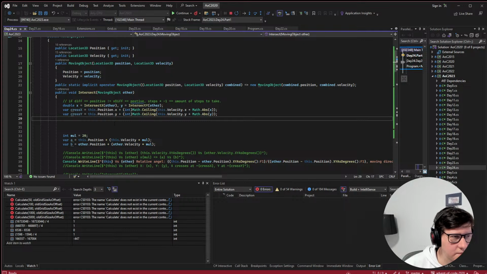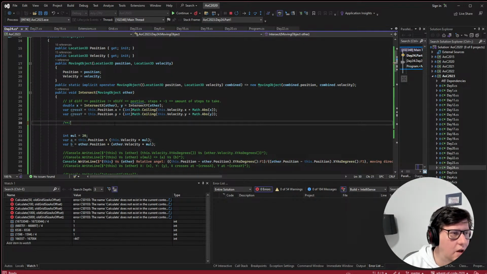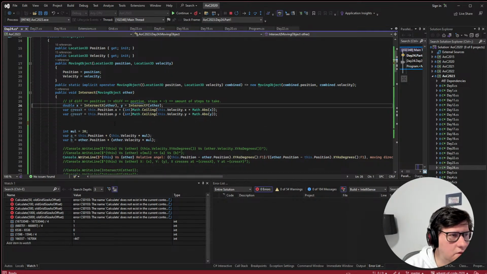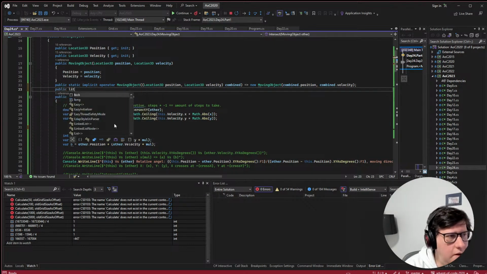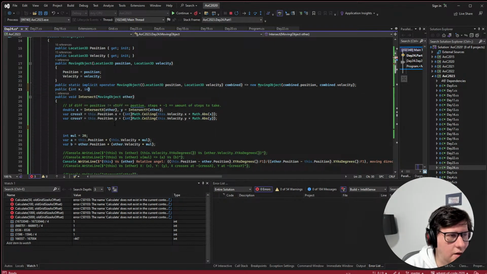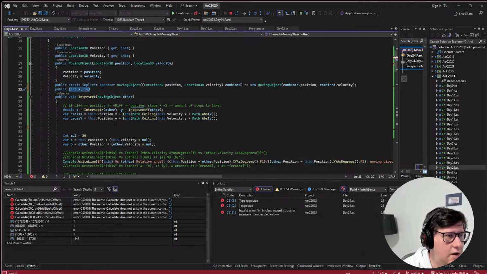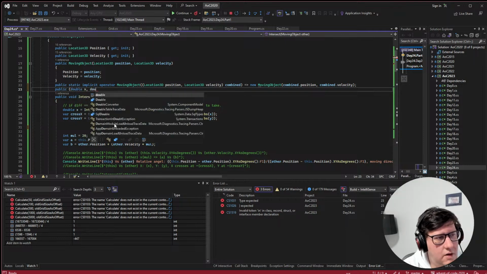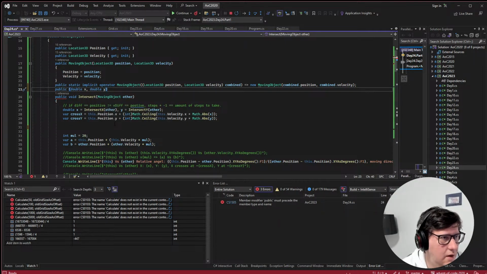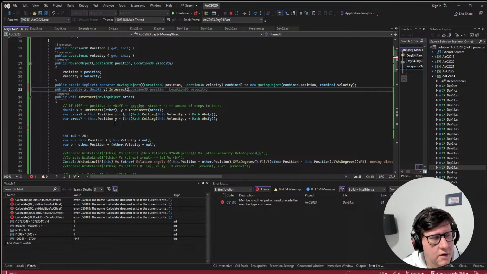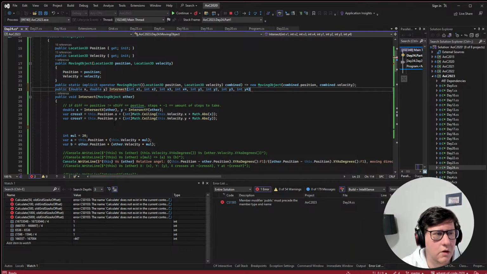Let's just plug this in here. Public int x. Let's make this a grid location. This can be floats, doubles, whatever. Let's do double x, double y, like this. Intersect. Int x1, int x2, int x3, int x4, int y1, int y2, int y3, int y4.